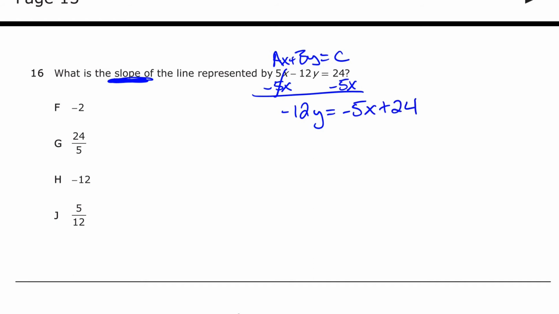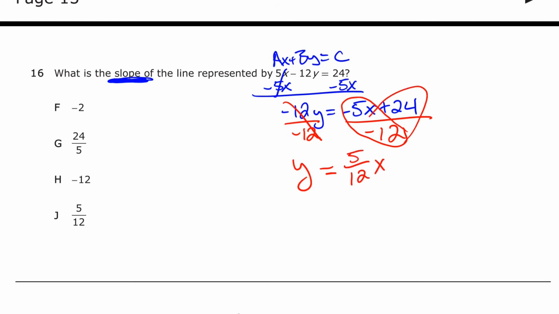We want to get the y on its own. Right now it's negative 12 times y, so we're going to do the inverse again. This time it's dividing by negative 12 to get rid of multiplication. Divide by negative 12. y is equal to negative 5 divided by negative 12, which is 5/12x. And then 24 divided by negative 12 is negative 2.